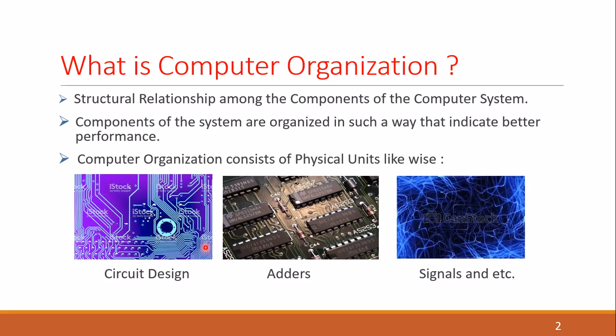These tiny black parts are called adders, binary adders, which also perform a specific task. Then there are signals. The blue lines are shown because we can't see signals, so signals are shown by these blue lines.